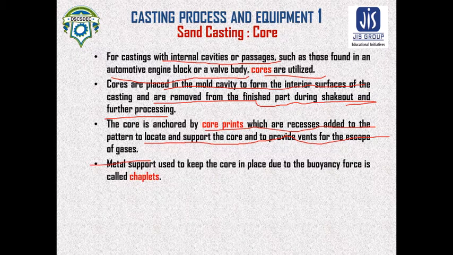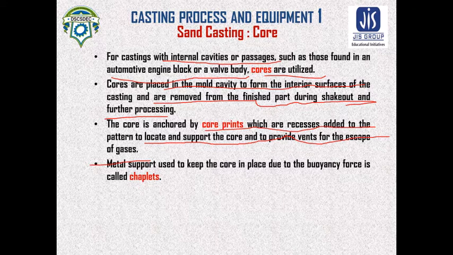Now metal support. When the molten metal flows into the mold cavity, due to buoyant force of the molten metal, what can happen? The core can shift. So prevention of this core shift can be made using metal parts.